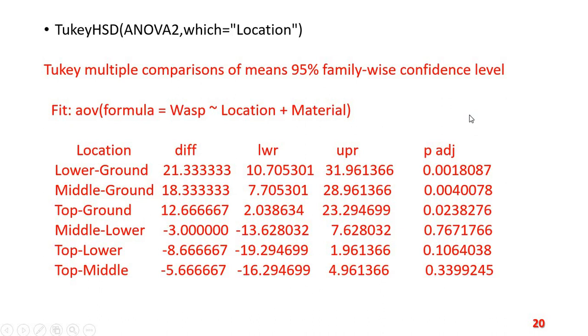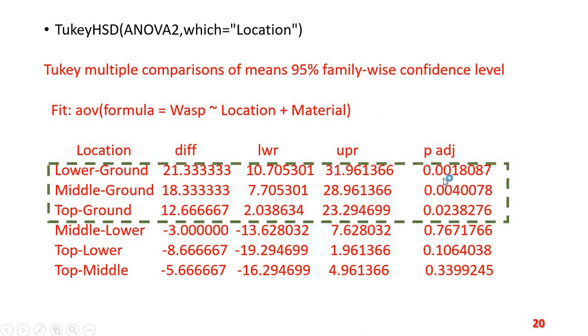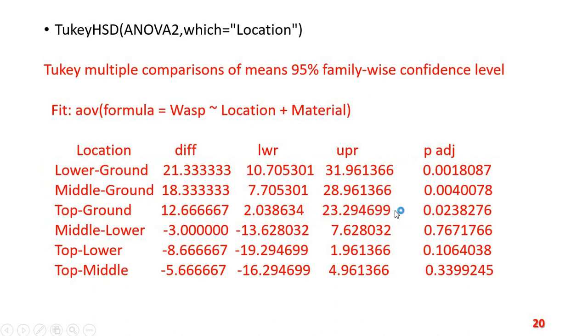Now look at the p-values to understand which pair shows a significant difference. Lower and ground value is less than 0.05, indicating there is a significant difference. Middle and ground less than 0.05, this is also significant. Top and ground is less than 0.05, that is significant. That means wherever ground is involved, the difference is significant.